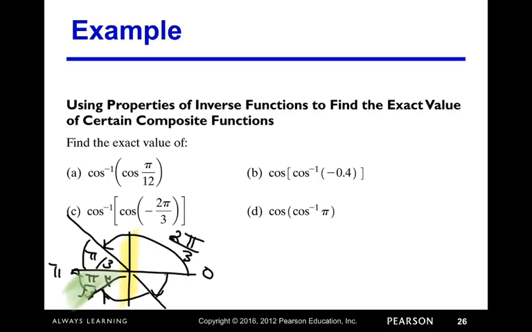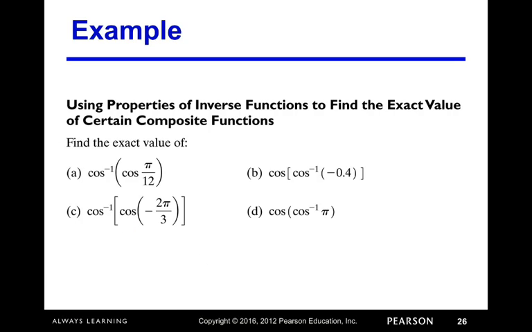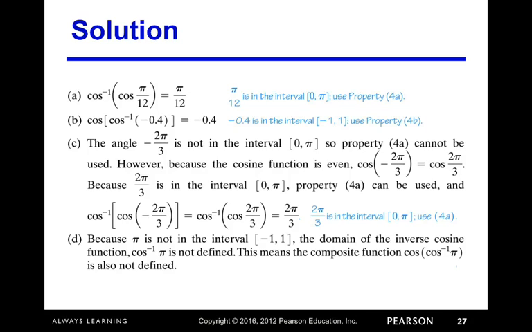That gets me the angle that has the same cosine as negative 2 pi over 3, but it's in the right domain, the first or second quadrant. So 2 pi over 3 should be our answer for that one. Let's make sure that we're right. Okay, and it is 2 pi over 3, the angle in the interval of 0 to pi.